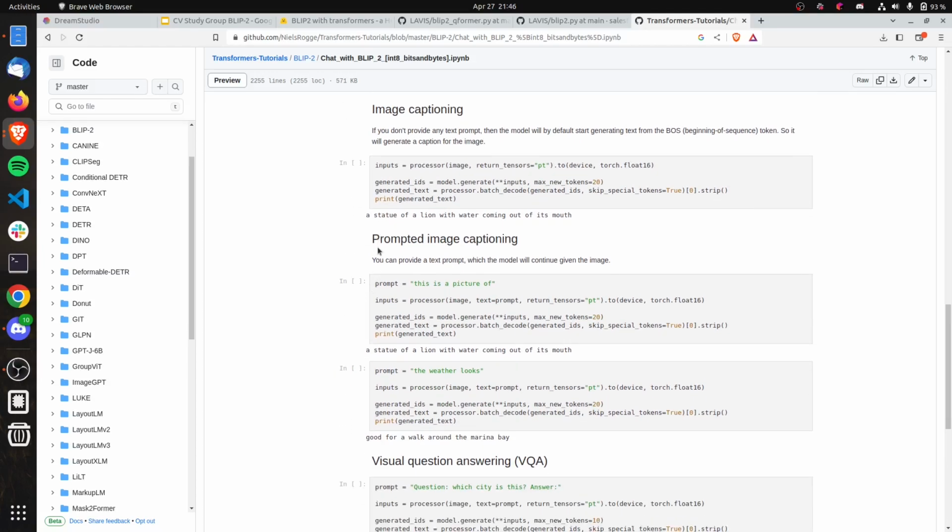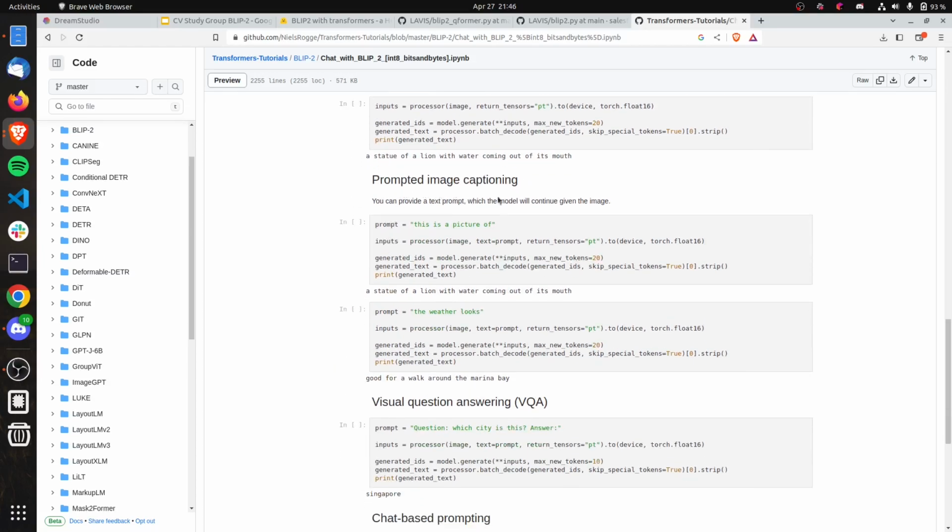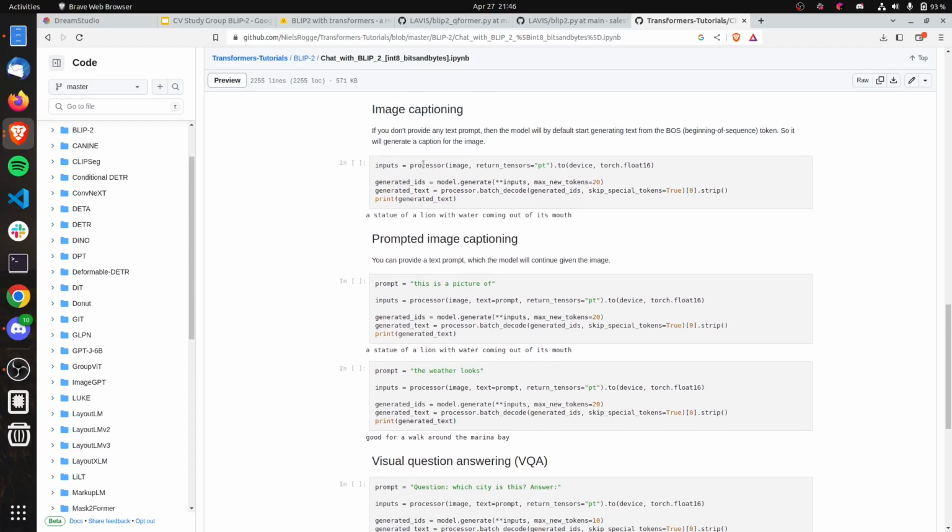And that's prompted image captioning. So that's if you want to use a prompt and then get an image caption again. Sometimes this helps to get a better image caption, like saying this is a picture of, and then you can get better results than just giving the image. But in this case, I think it doesn't matter actually.